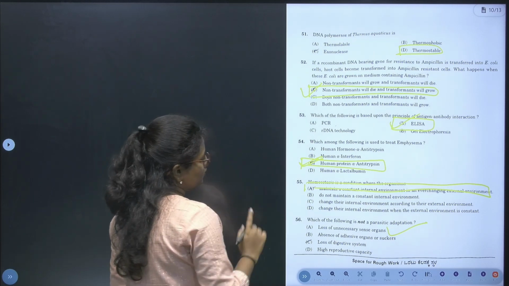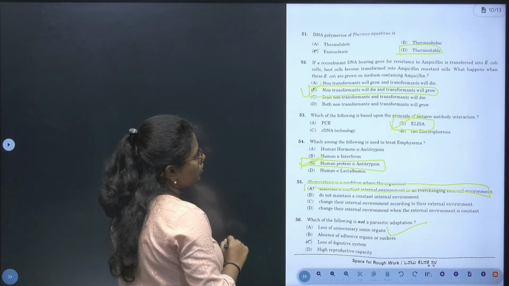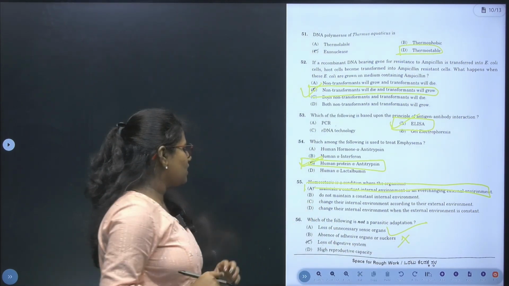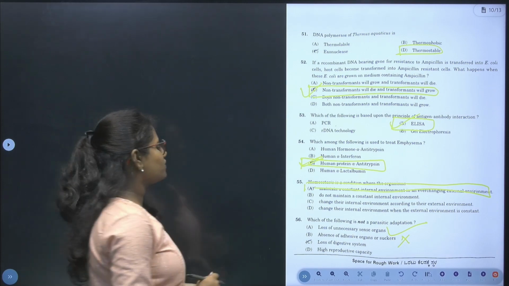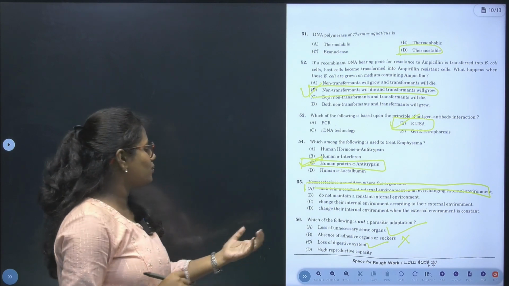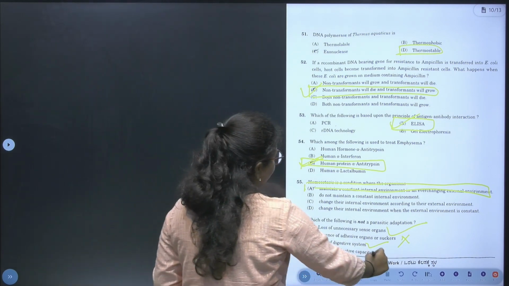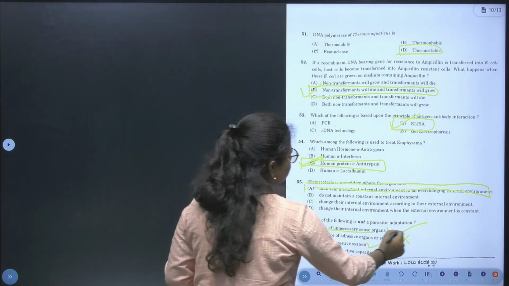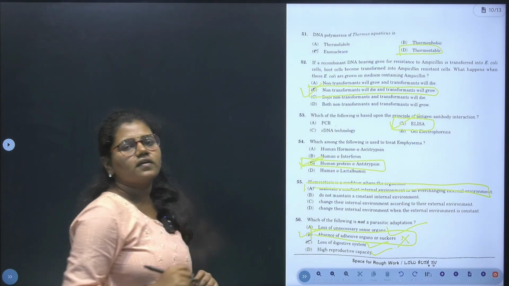Yes. Absence of adhesive organs or suckers? No, they have adhesive organs and suckers. Loss of digestive system? Yes, because they feed on absorbed food material. And high reproductive capacity, this is also correct. So here the incorrect statement is B, that is absence of adhesive organs or the suckers.